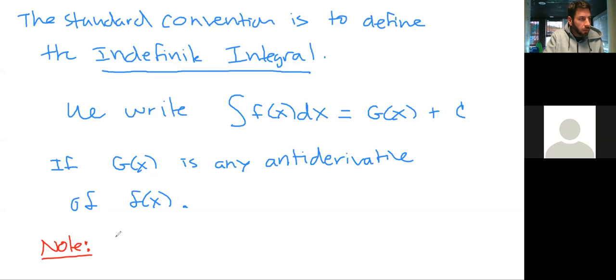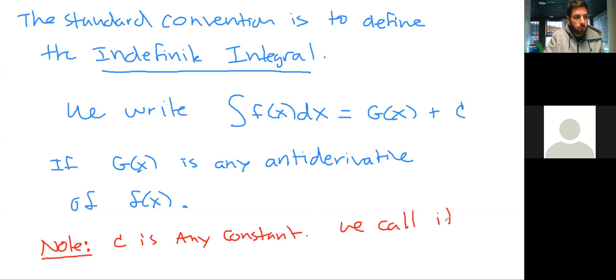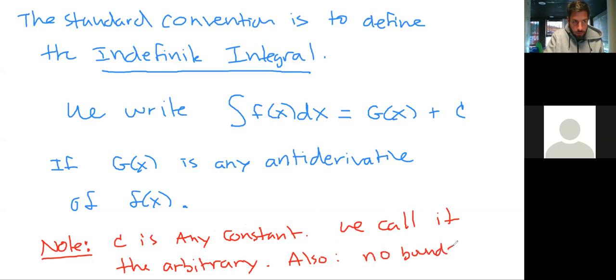So note, the first thing is C is any constant. Doesn't matter. We call it an arbitrary constant because it's completely arbitrary. Also, and this is most important for you to recognize, there are no bounds.